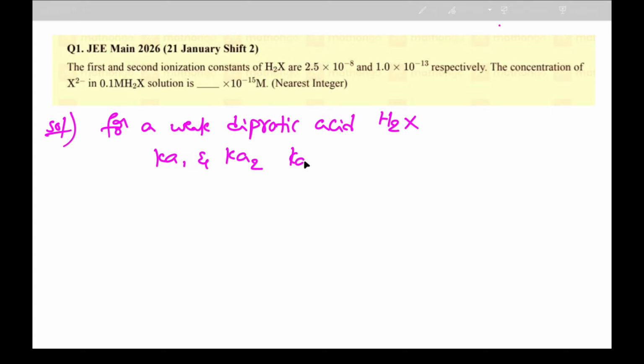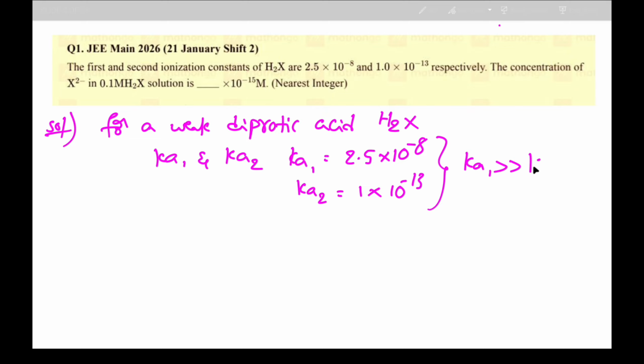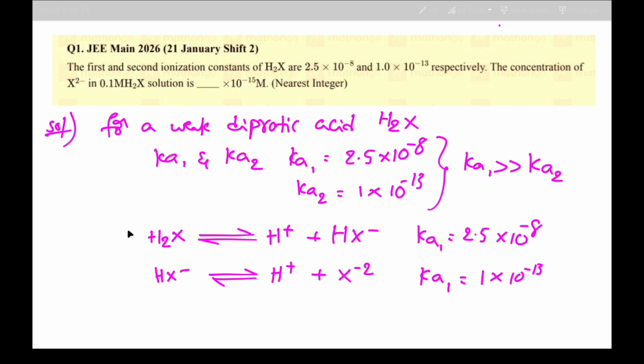Ka1 is 2.5 × 10^-8 and Ka2 is 1 × 10^-13. Based on these values, we know very well Ka1 is much larger than Ka2. So here the ionization steps are: number 1, H2X dissociates into H+ and HX-, that is Ka1.